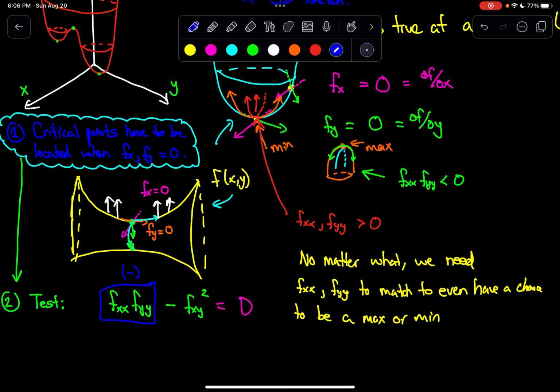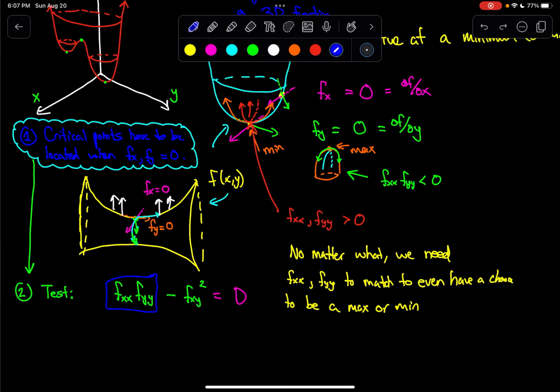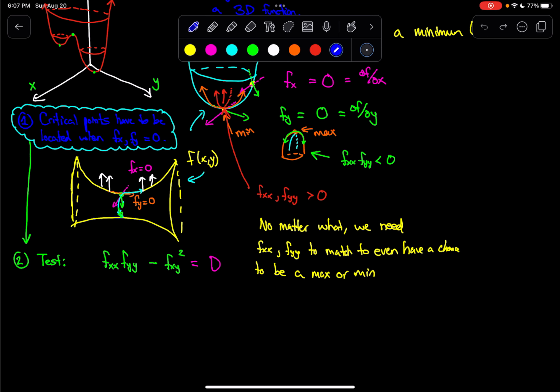And if I take a negative number and I subtract something that is always positive, because we're squaring this, the number that we're going to get out of here is going to be negative. And so the first result of this test is that if D, this thing that we're evaluating, is negative, this means that we have a saddle point, no max, no min. Okay, that one should make the absolute most sense.